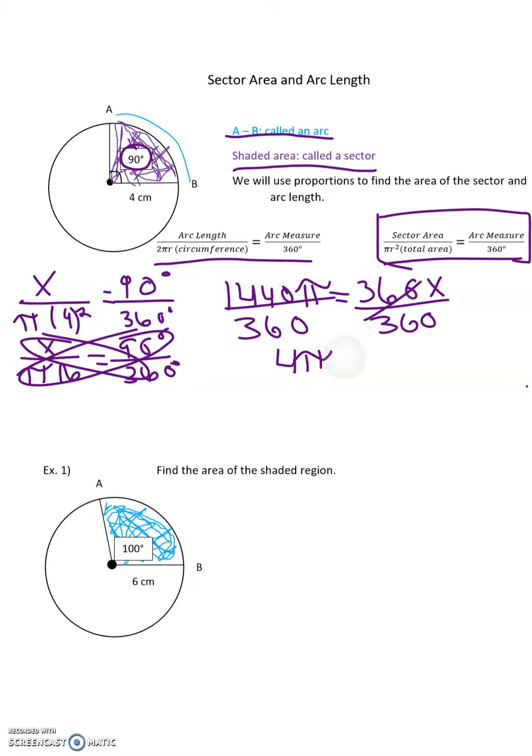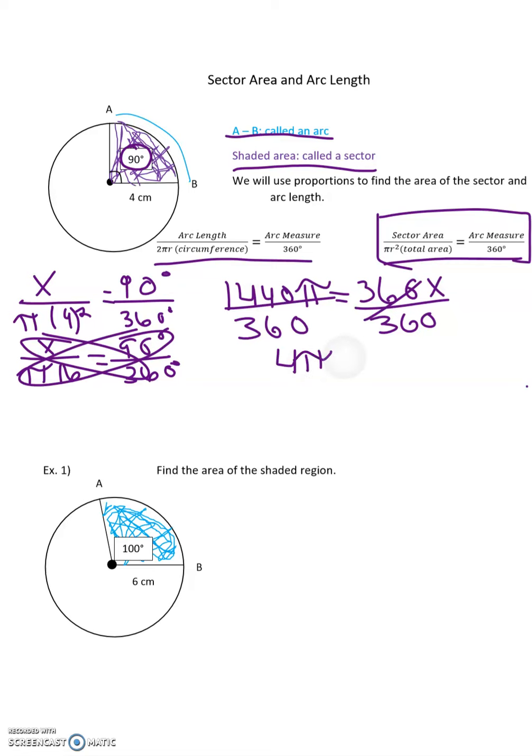So then we're cross multiplying. 100 times 36 is 3,600 times pi, can't forget about that pi, and then 360 times x. So then again, to solve for x, divide by 360 on both sides. 3,600 divided by 360 is 10 times pi, and that's your answer.